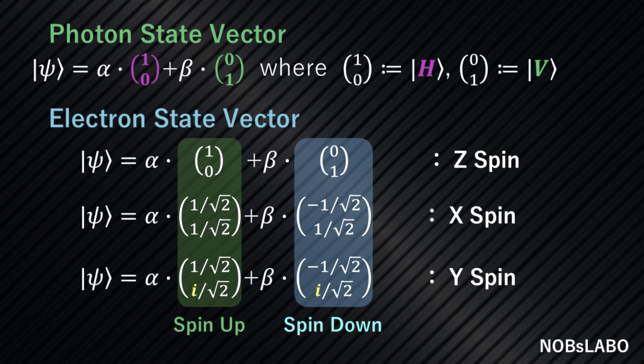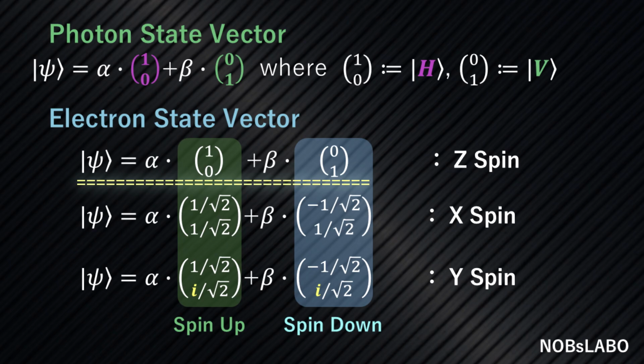In contrast, for electron spin, when a magnetic field along the z-axis causes the spin to collapse, the spin always points along the z-axis. The state vector of an electron spin along the z-axis in a superposition state is represented by alpha times vector (1, 0) plus beta times vector (0, 1).